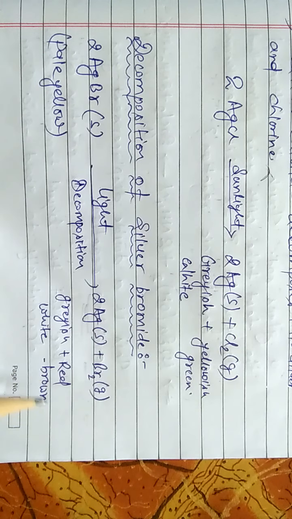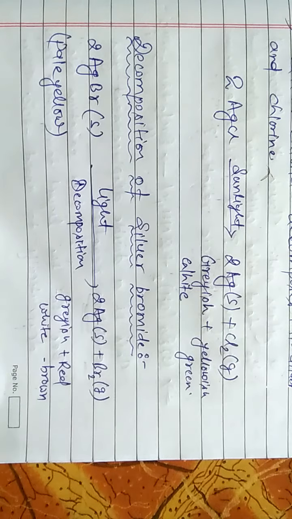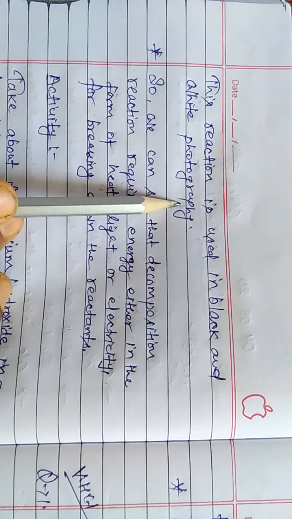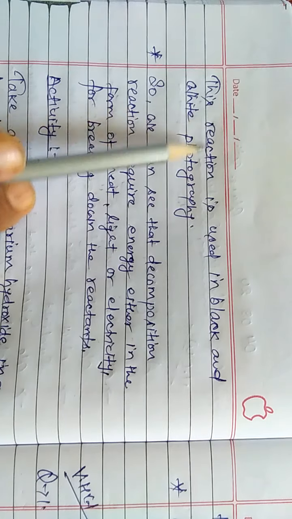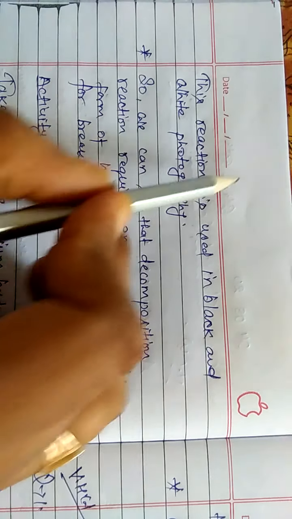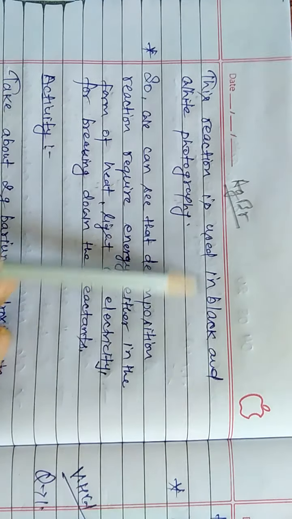Bromine is a gas, its color is red brown, and silver's color is grayish white. Now this reaction is used in black and white photography. Which reaction? The decomposition reaction of silver bromide is used in black and white photography.